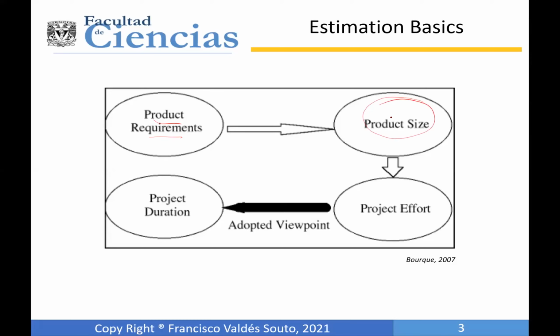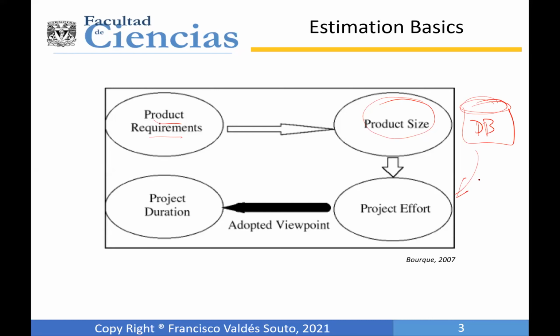And if we have enough data, we can construct a database with several projects, considering the product size and trying to find a correlation with effort or cost or maybe duration, which is a little bit more difficult. So if we get enough information to construct this database, we can get an estimation of project effort. This situation is very normal, and I am only putting it here as an assumption.